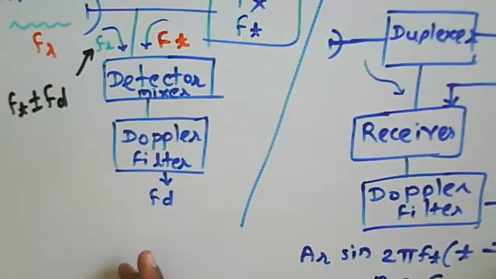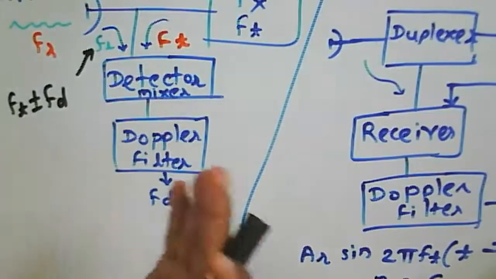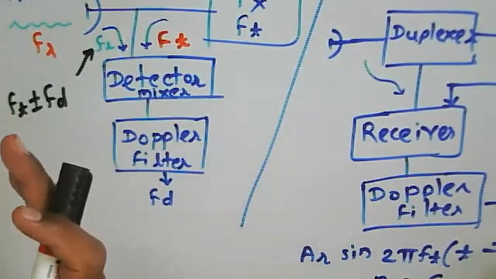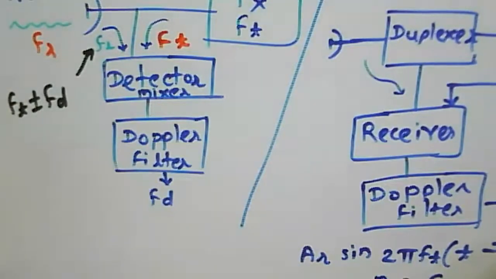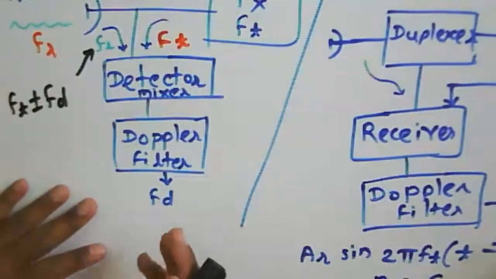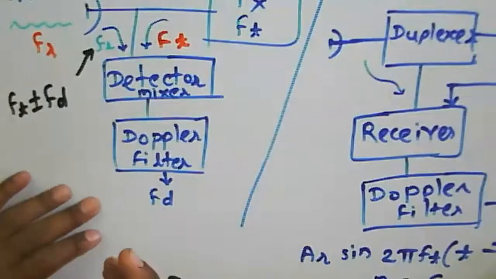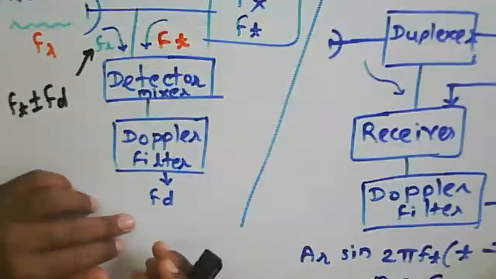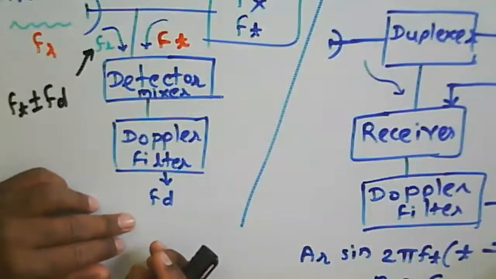If the echo signal is larger, we would recognize that particular pulse or signal as a false one. So we are not able to detect exactly whether there is a target or not because of that clutter.